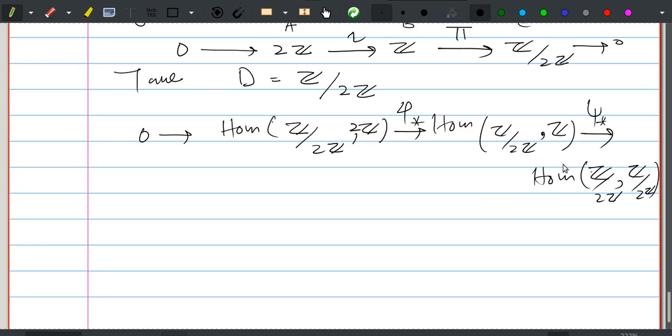One should note that this psi star is not surjective. If we look at the set Hom(Z mod 2Z, Z), there exists only one module homomorphism, the zero homomorphism, so its size is 1.